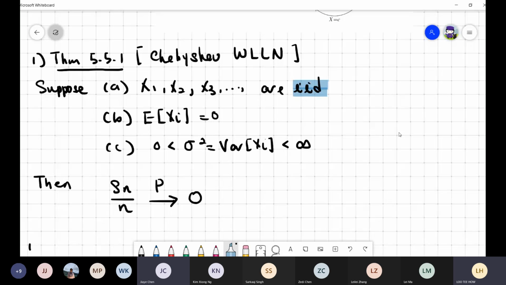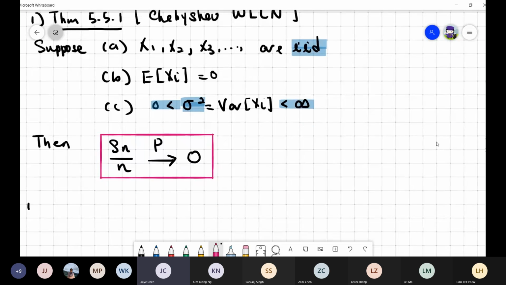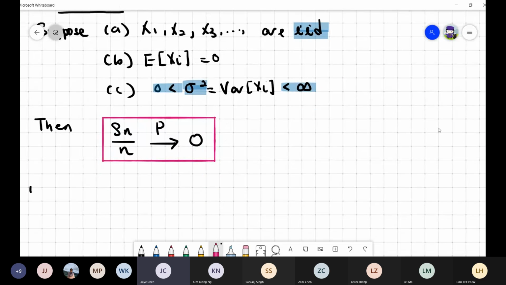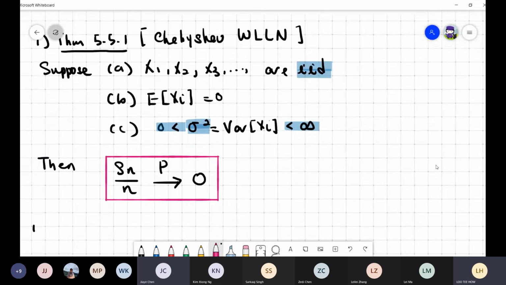And the second one will be that sigma is in between 0 and infinity. Before we look at the proof for this, maybe we can see if we make a change with this hypothesis, what can we have?